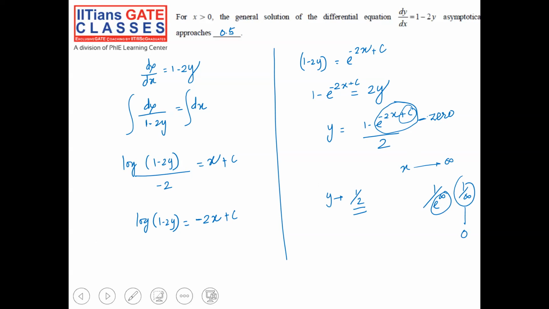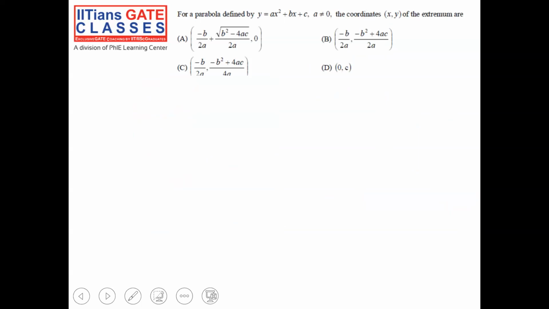Coming towards the next question. Okay, so this question is from the calculus topic. For a parabola defined by y is equal to ax square plus bx plus c, given that a is not equal to 0, the coordinates x comma y of the extremum are.